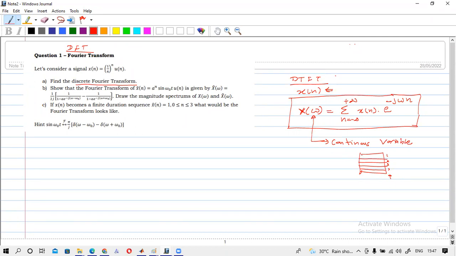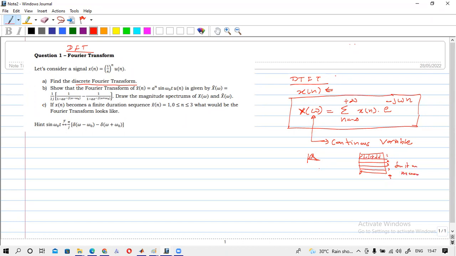Each memory location will have some bits. Now you need to store this kind of signal here. If it is continuous, there are an infinite number of values, and we don't know which values to store because we have finite memory.